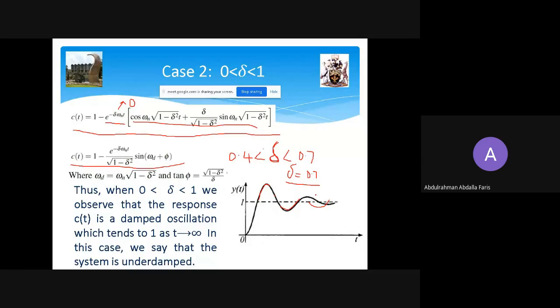When you are given a problem and delta is not mentioned, which is rare, or you are told to use an appropriate delta value or damping ratio value for your system to be stable, you can use delta 0.7. So we say this system is underdamped system.